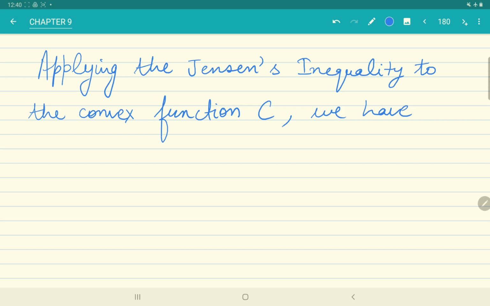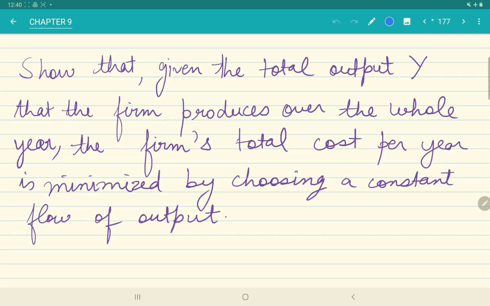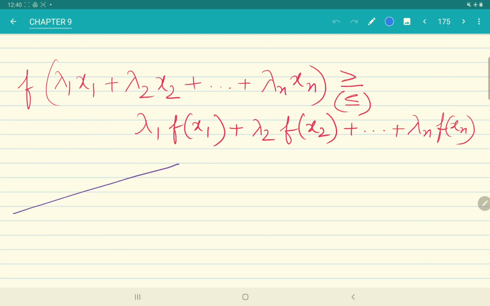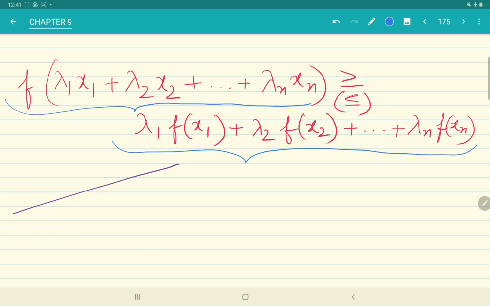So if I get back to the Jensen's inequality, for the convex function, it is this less than this, greater than equal to this.